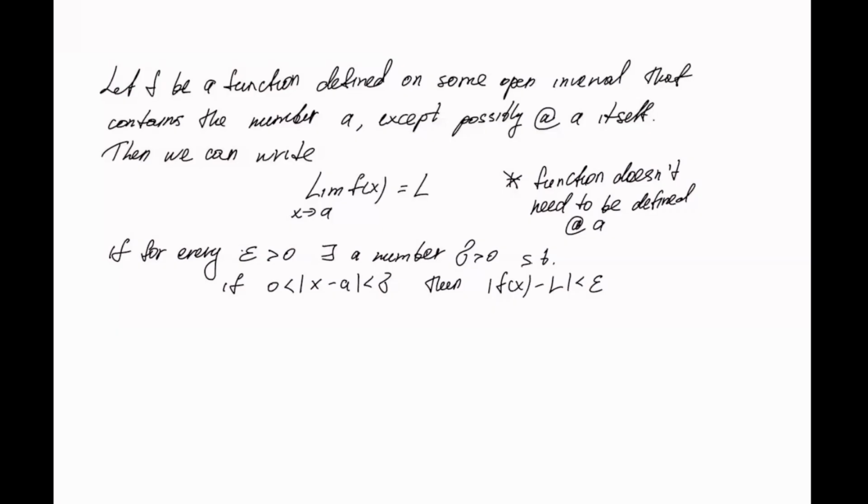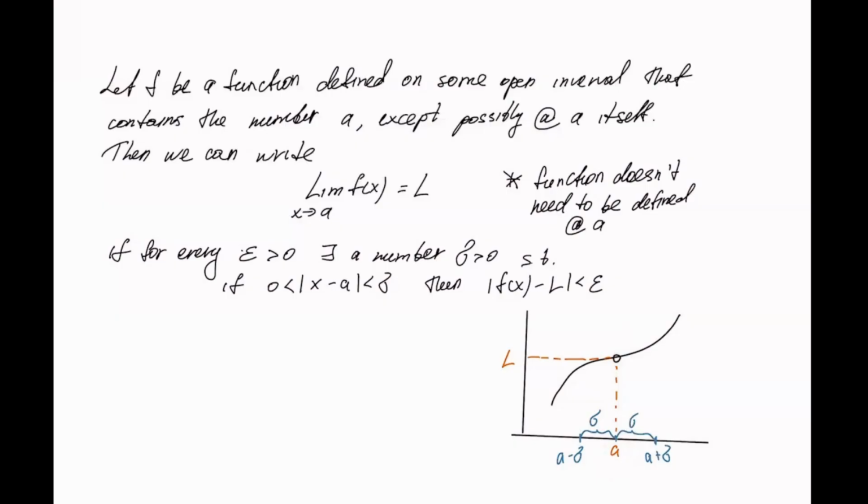So let's say we have a function or a curve, something like this, and this is the point where we want to find the limit. As x approaches this a, we will grab some interval delta away from a, so we have a plus and minus delta. This portion right here, that's my distance of delta.